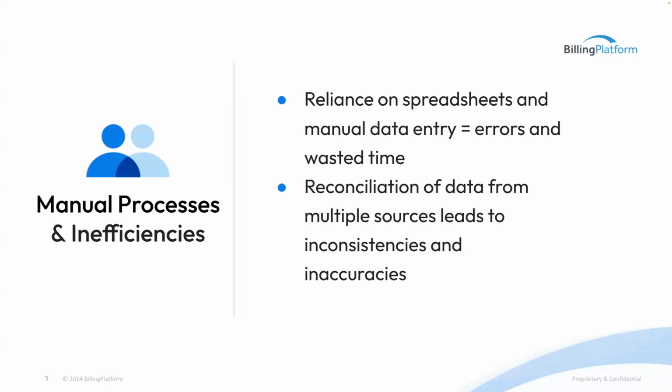So our second one here is reconciliation of data from multiple sources, and how that can really lead to inconsistencies and inaccuracies. And this ties back to my first example on calculating standalone selling price, pulling data from multiple systems, and making sure that it's complete and accurate.